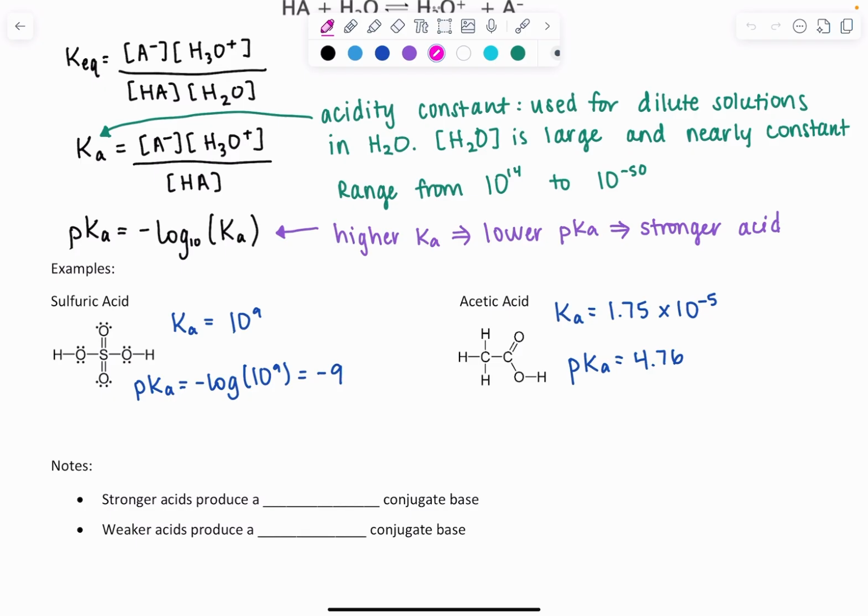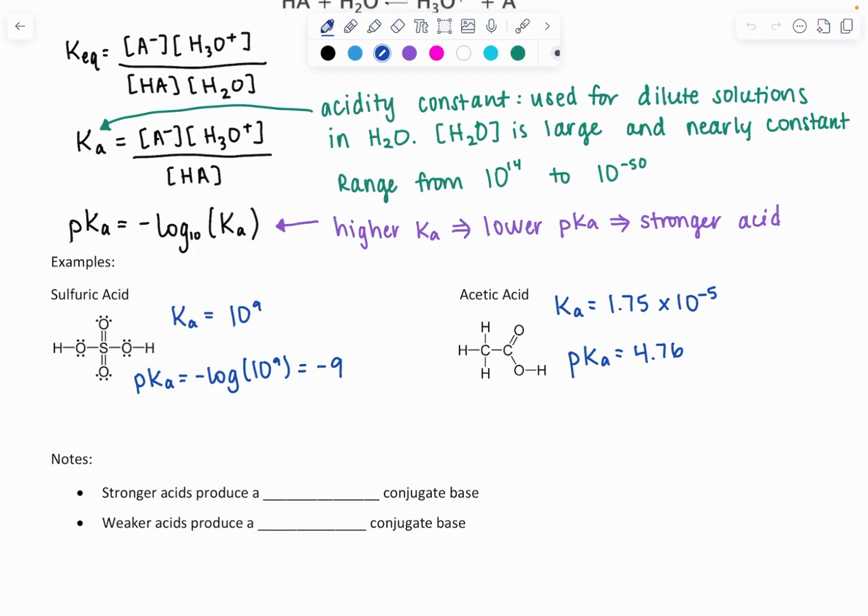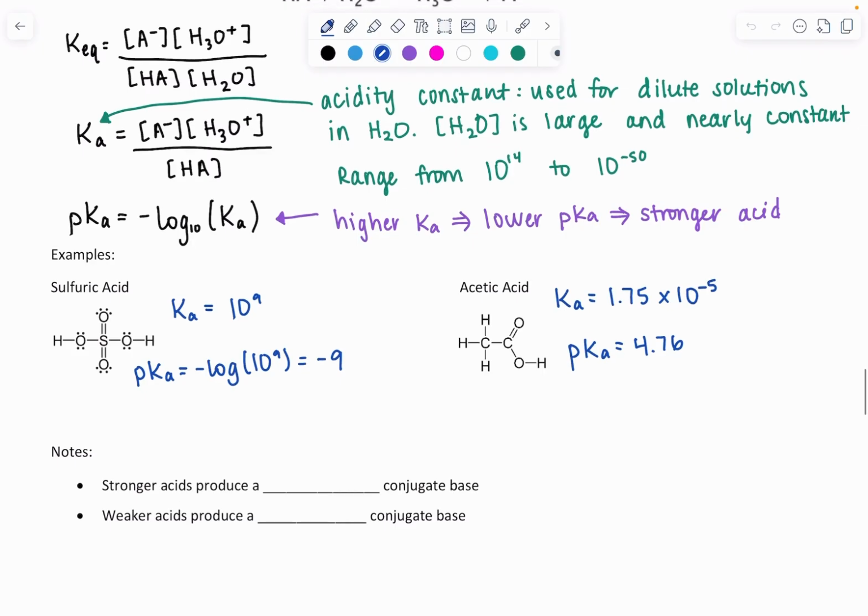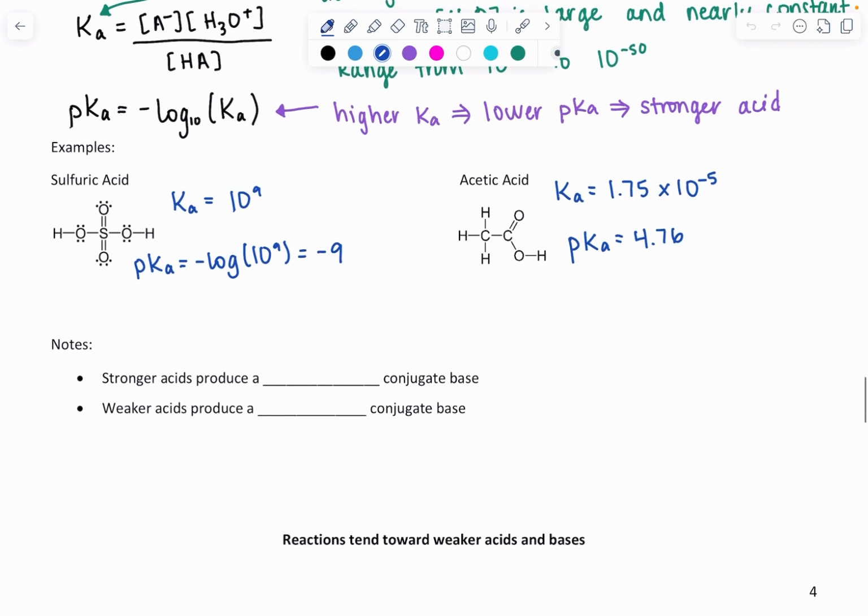Okay, some more notes here. So reactions tend toward weaker acids and bases. We've got it right at the bottom here. Reactions tend toward weaker acids and bases. Stronger acids produce a weaker conjugate base. Weaker acids produce a stronger conjugate base.